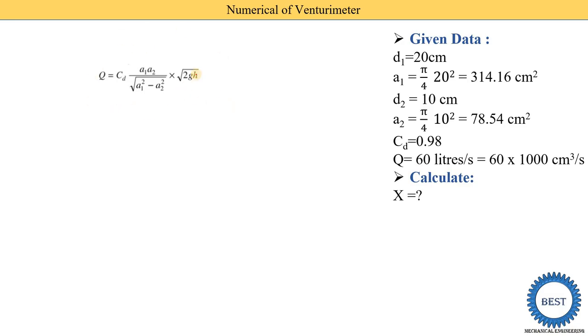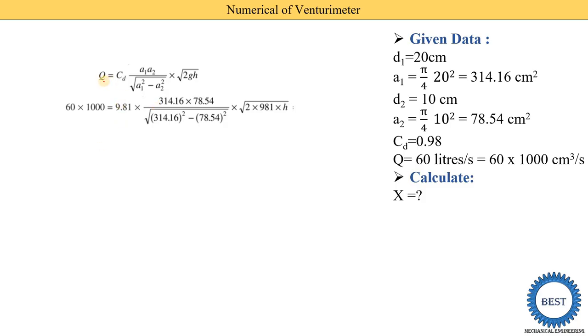If you don't know how this equation is derived, then I already uploaded a video and the link is given in the description as well as in the card, and the topic name is Venturimeter. So Q is equal to CD into A1 into A2 into under root of 2GH divided by under root of A1 square minus A2 square.